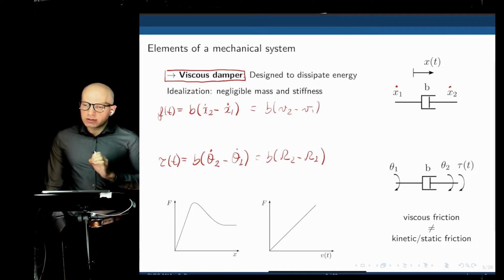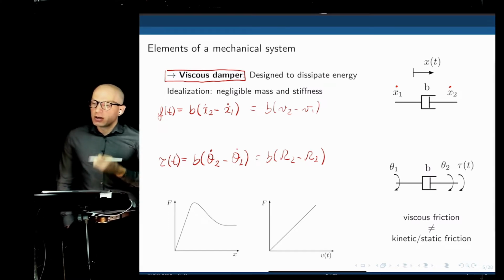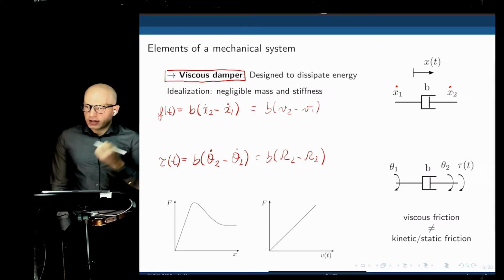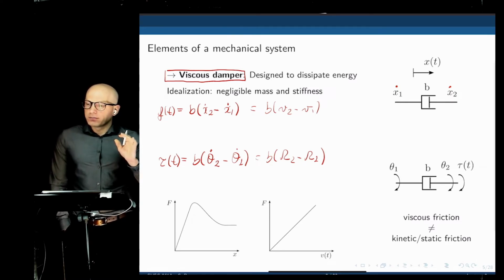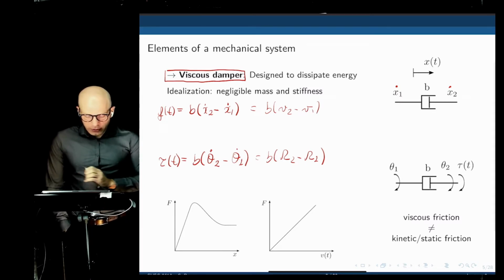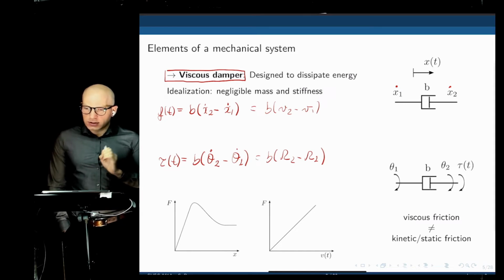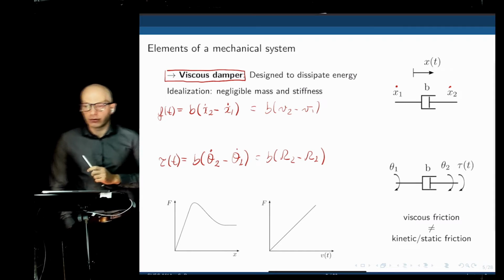And again, I would like to emphasize here the difference between viscous friction and static friction. Static friction is not a linear phenomenon, and therefore cannot be accounted for in our models. We only deal with dynamic systems that are linear and time invariant, which means that we cannot account for the static friction, only viscous friction in our simulations. Any questions so far?